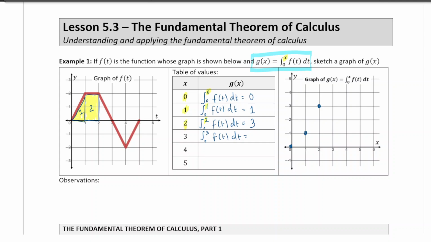And we'll see on the graph that this would now include this triangle here. So now I'm going all the way from 0 to 3. And if you add up those two triangles and the rectangle, we get a total area of 4. So I'm going to plot this here on the graph.